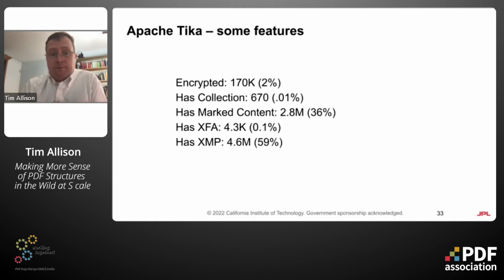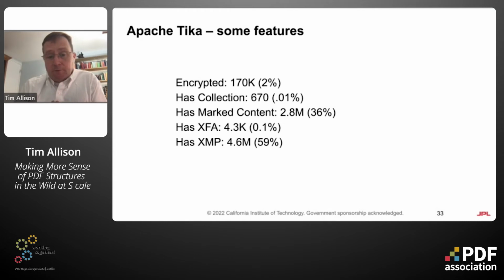Another tool we used was Apache Tika. I am the chair of that project, for full disclosure. It pulls out some other information via mostly PDFBox. So again, 2% were encrypted, so we're seeing the same number of files identifying encryption across a number of different tools. That gives us some confidence that that number is basically accurate.